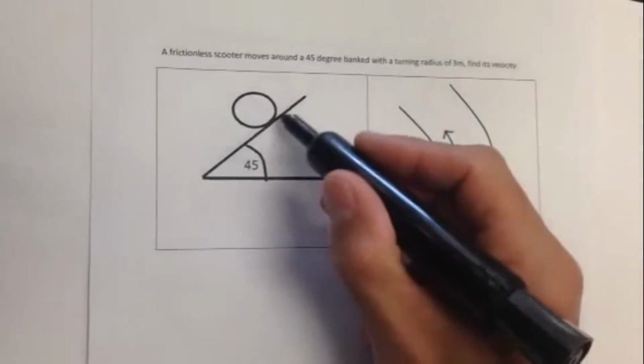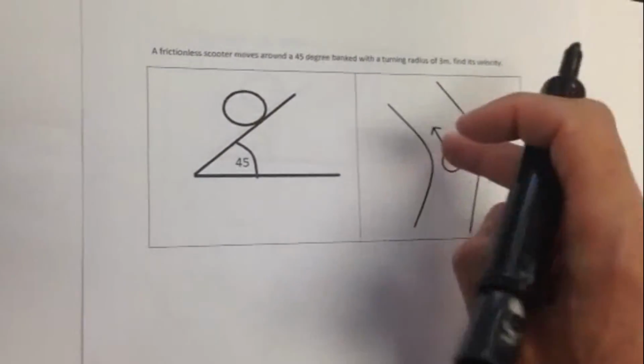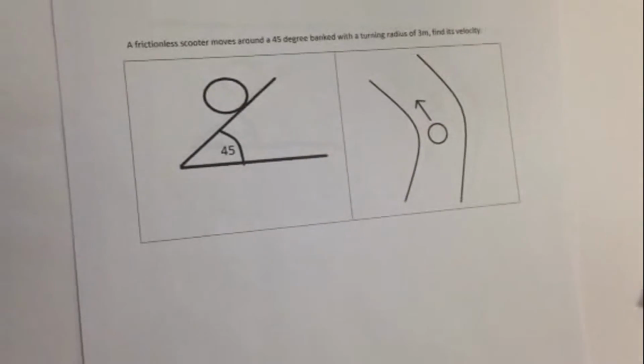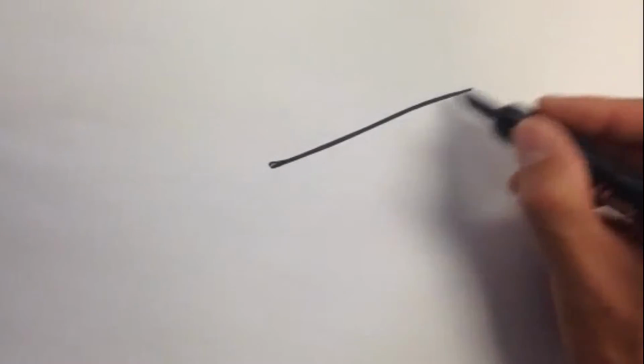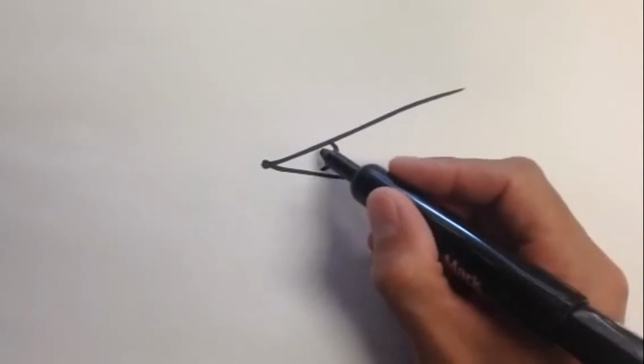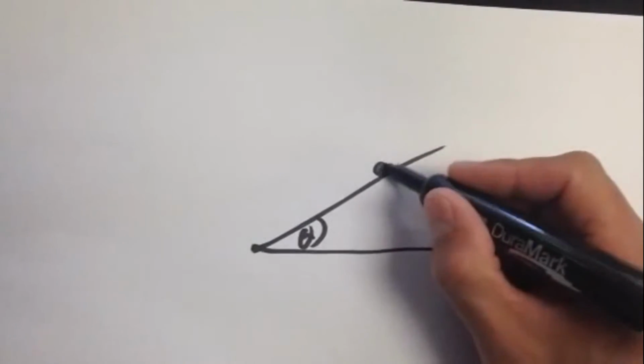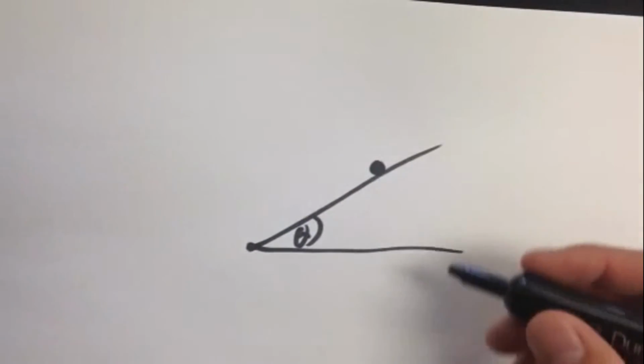Okay, so to recap, when you're doing a banked corner problem, here it really took 2 diagrams to get the idea. This is the cross section of the banked corner. This is the top view of the banked corner. You analyze it in a very similar way to previous problems. So you draw out the angle of the bank, draw the body as a dot, makes the geometry a lot easier.